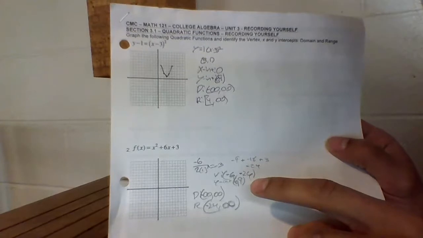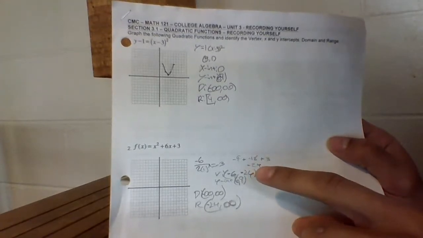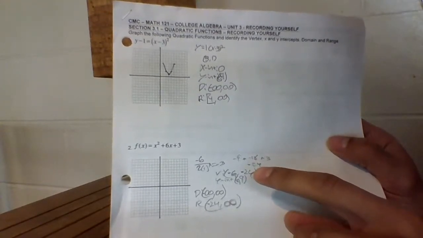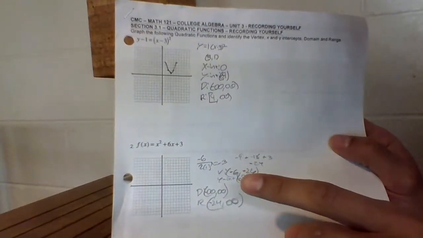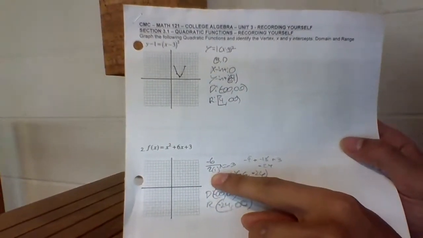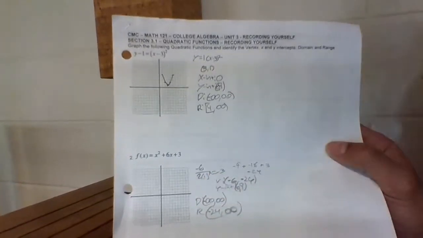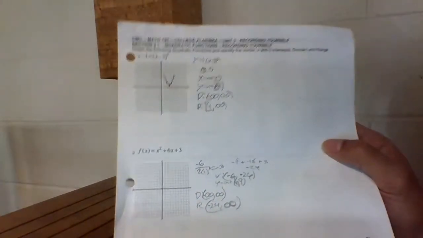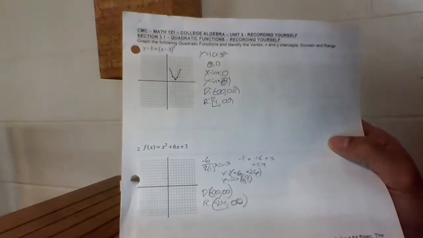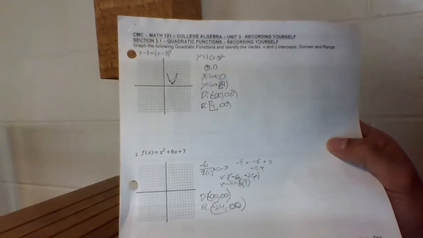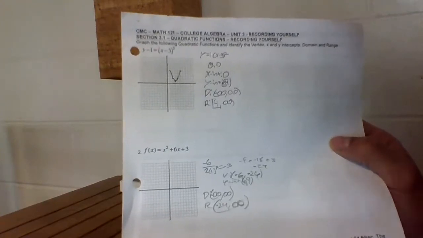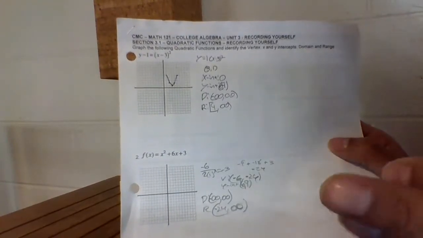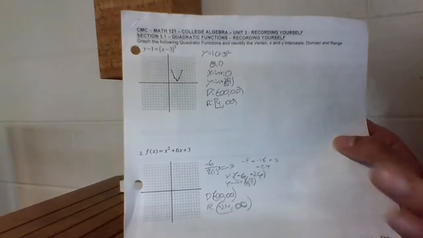You want to take your 6 and then your first value, which is just 1 because x squared, and then you'll plug it into this little equation of negative 6 over 2(1). And then once you do that math, you'll get negative 3.